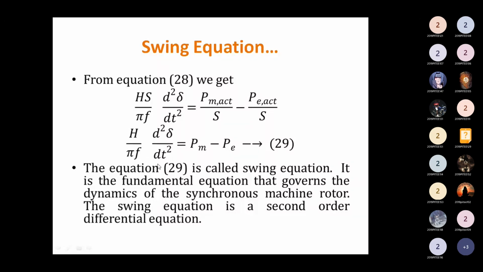One application is the equal area criterion, and the second application is determination of critical clearing angle and time. So the two applications we are going to extract from the swing equation. This is the fundamental equation for the two applications of stability analysis. In the forthcoming classes, we are going to discuss the two.